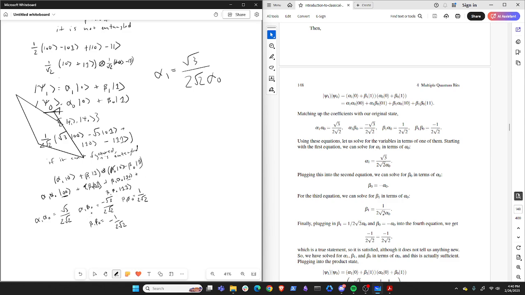Similarly, for beta sub 0, we'll solve for it in terms of alpha sub 0.